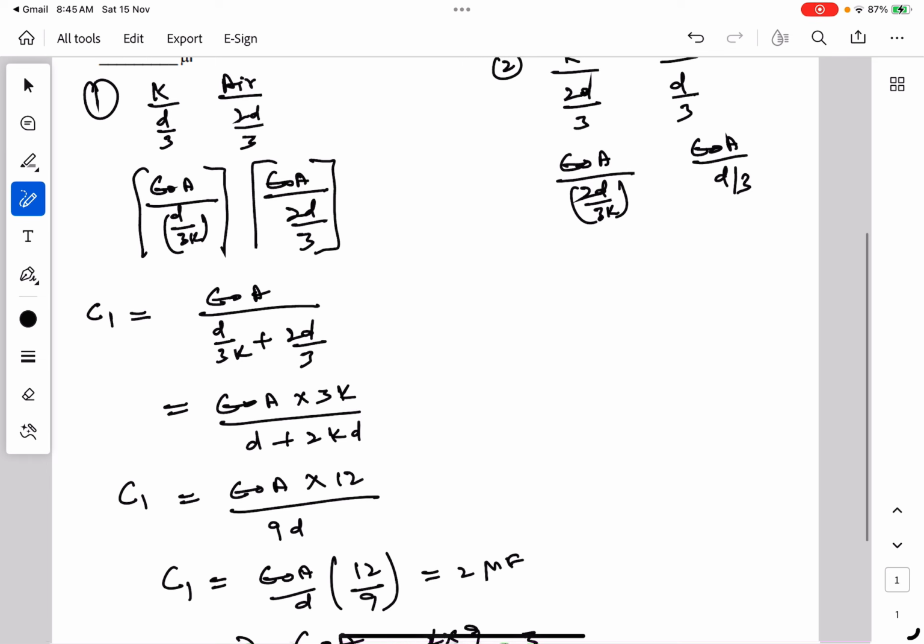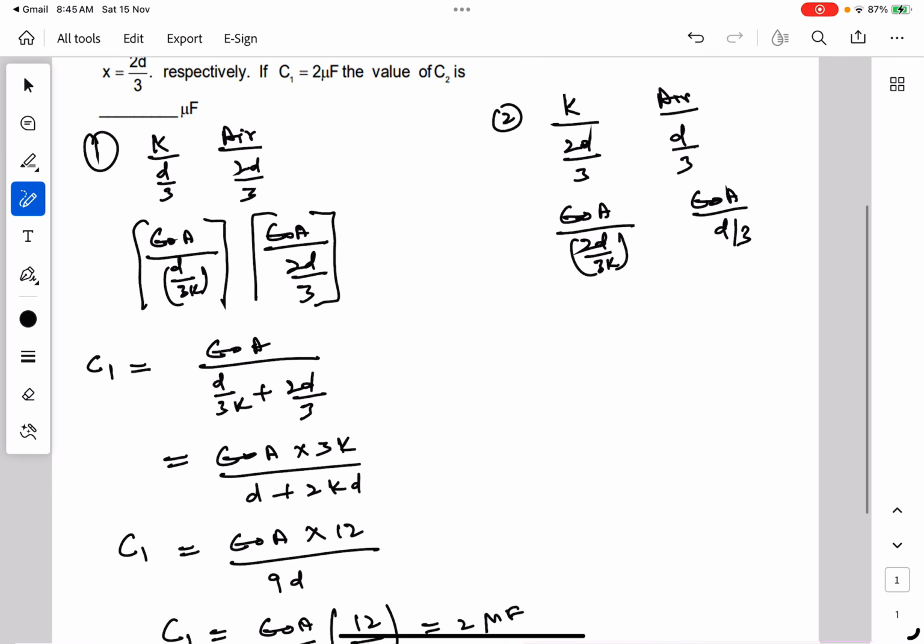Now let us come back to the second part. Equivalent capacitance in this case would be equal to epsilon naught A upon 2D upon 3K plus D upon 3.